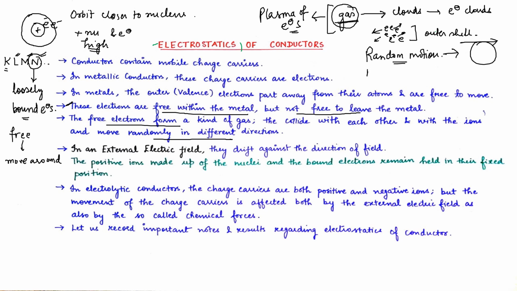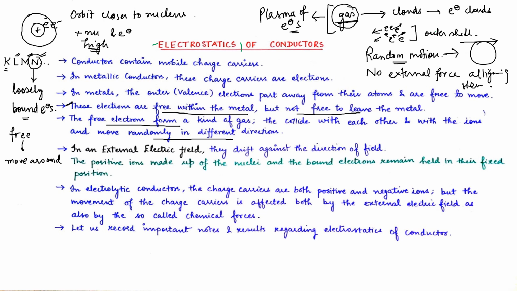Now we know that these electrons present in the outer shell are moving in a random motion. Now we put in some external electric field and make them drift in the direction of the field, and everything will then be aligned in the direction of the electric field.